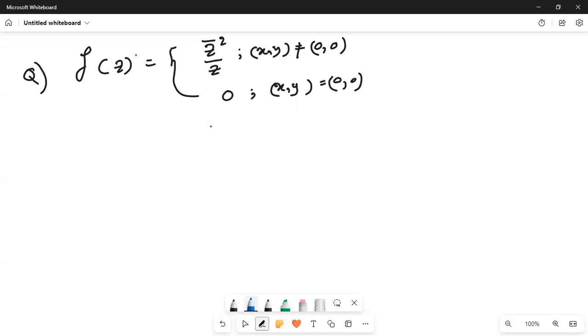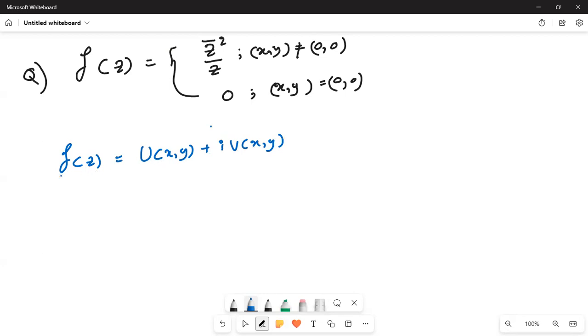So first of all, there is a thing to note that we can write any complex variable function as a sum of two real variable functions.